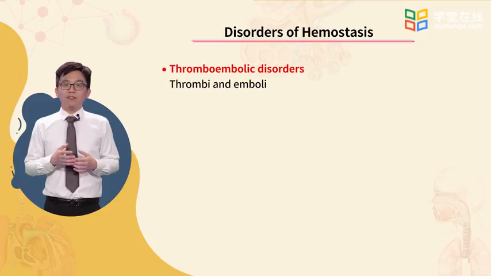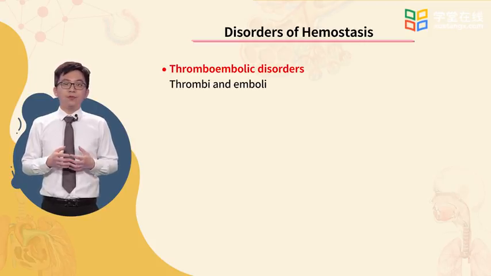A clot that develops or persists in an unbroken blood vessel is termed a thrombus. If it breaks away and flows freely in the blood, it becomes an embolus obstructing the vessel downstream or a distant blood vessel. This is called embolism.